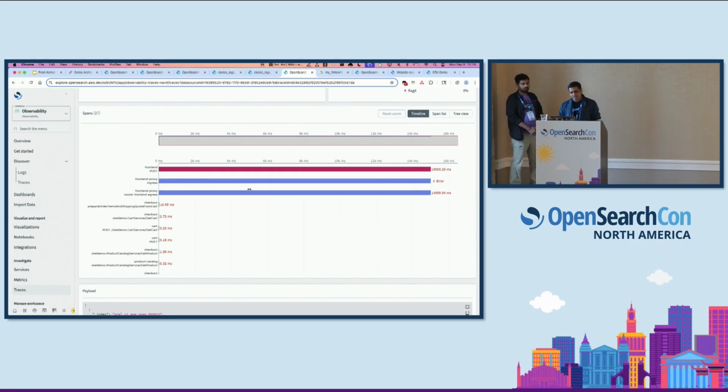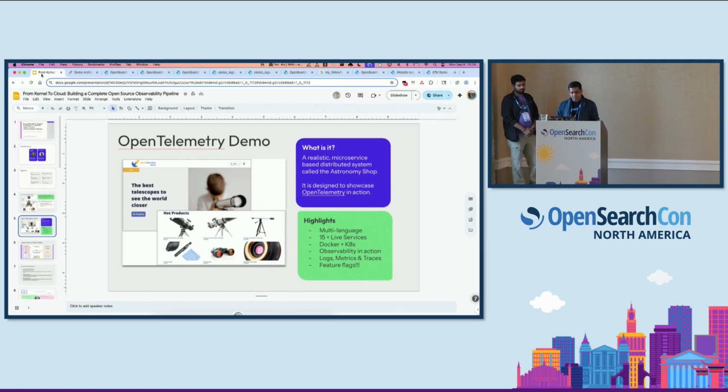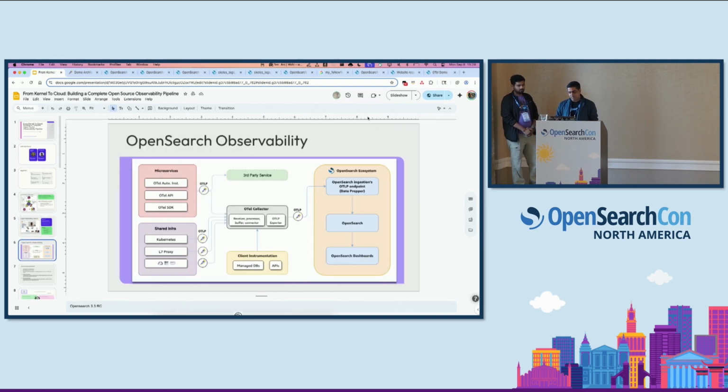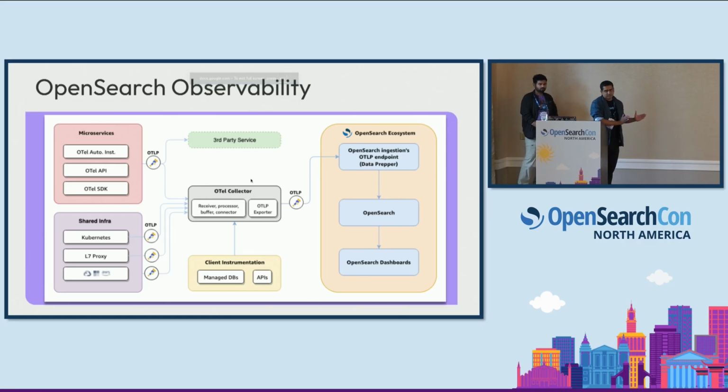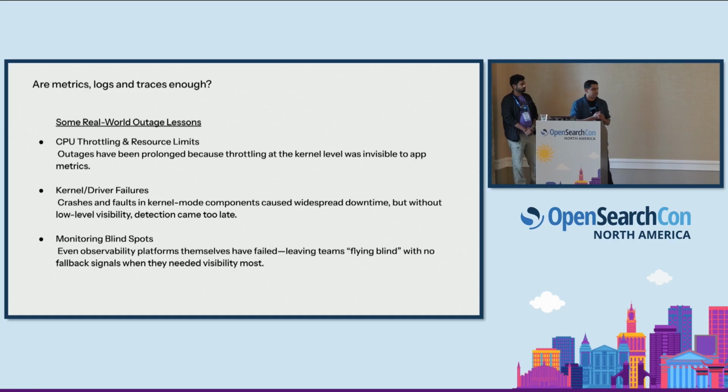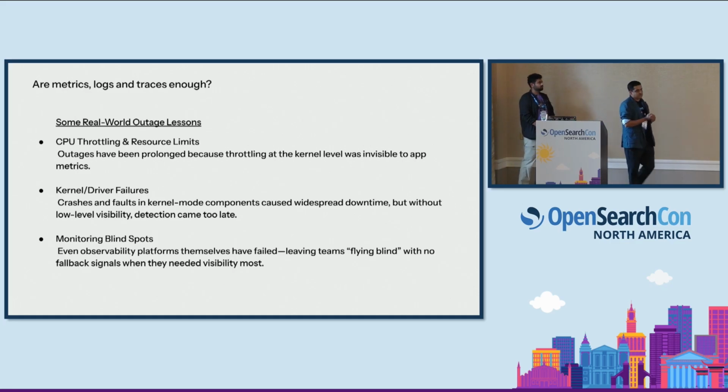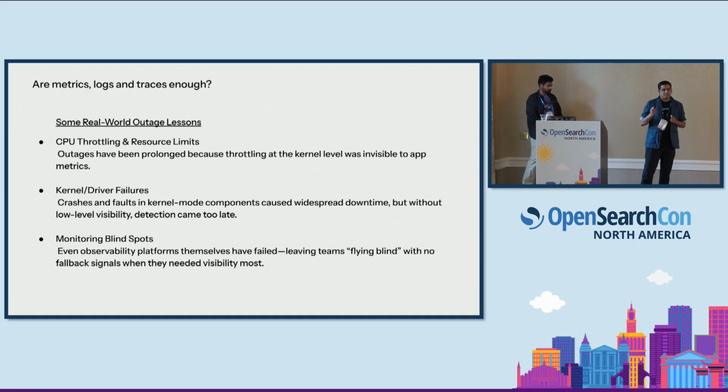Now, here's where the next part of the equation comes in. If you have this observability stack, which is powered by everything open source, and you have information available as metrics, logs, and traces, what you sometimes don't have is issues that are real world and hairy to debug. Many times, hardware issues with kernels.